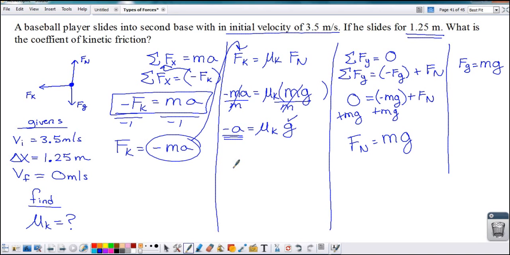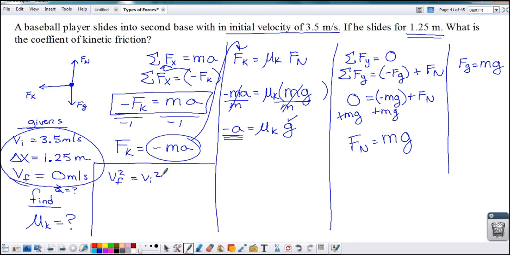We need to go back to chapter 2 and look for some of those equations to find the acceleration. Okay, because we need to know the acceleration. So look through those equations. We find an equation that says the final velocity squared is equal to the initial velocity squared plus 2 times the acceleration times the change in displacement.